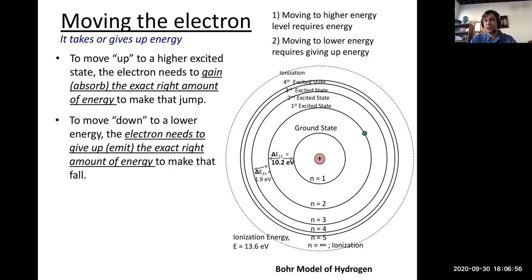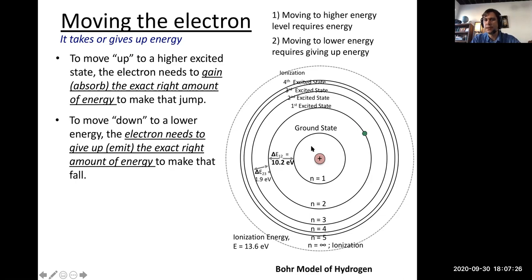The electron had too much energy in the second excited state to be in the first excited state. So to jump from the second to the first, from the n equals 3 to the n equals 2, it had to shed, it had to emit, it had to give off that exact amount of energy of 1.9 electron volts. And if it wanted to go back down to the ground state, it would have to shed exactly 10.2 electron volts of energy.